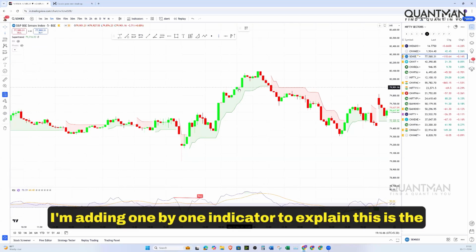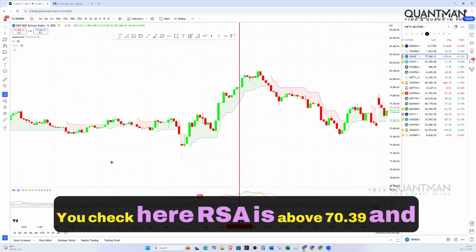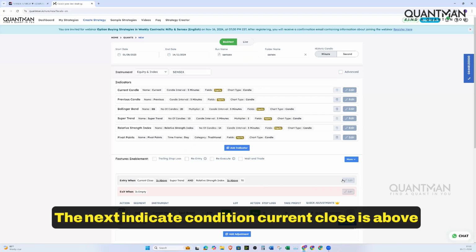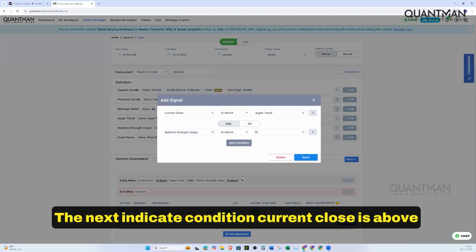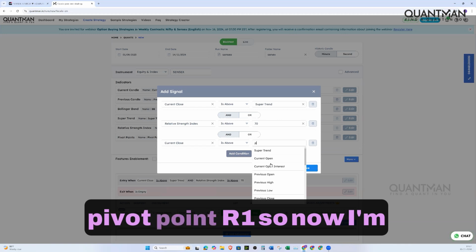I am adding indicators one by one to explain. This is the candle. RSI is above 70.39 and super trend is also in buy. The next condition: current close is above pivot point R1.